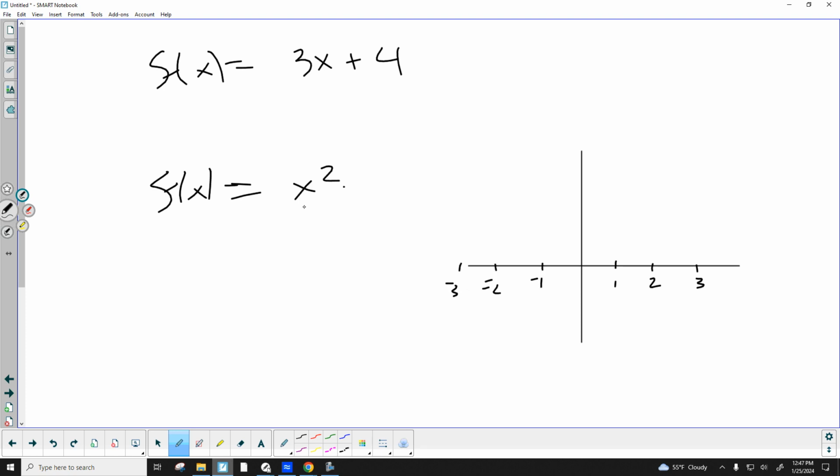We plugged them into the function to get outputs. We got 9, 4, 1, 0, 1, 4, 9. We thought about if we plugged in a decimal, it would connect these points, and we create this shape. We took x values, we plugged them in, we got y values, and we plotted.